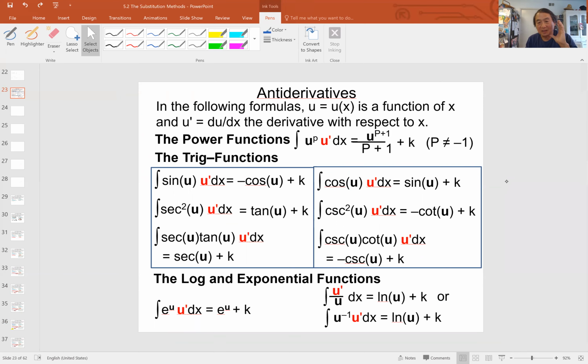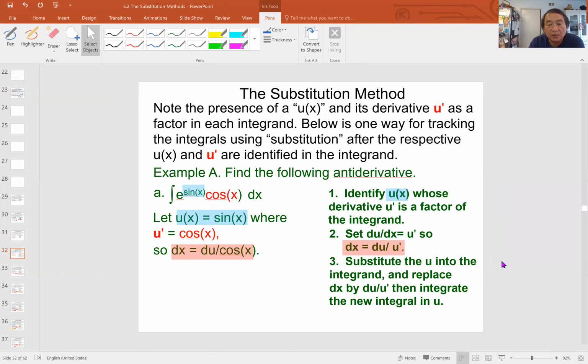But the important thing is that you need to be able to spot what the u is supposed to be, a formula in x, and simultaneously the problem should have its derivative multiplying to dx on the side. If that's the case, then I can do the substitution and change the problem to du and u prime, and this u prime will cancel out. So it will leave me a problem in du, translating the entire problem into the letter u. And this is the algebraic trick.